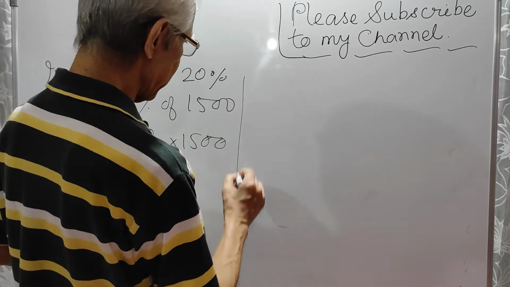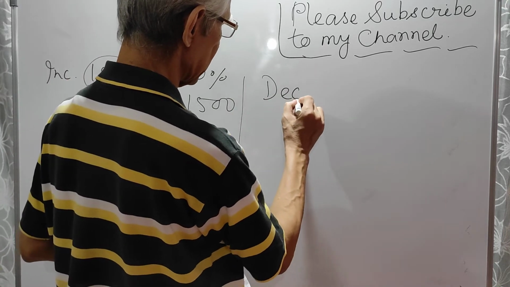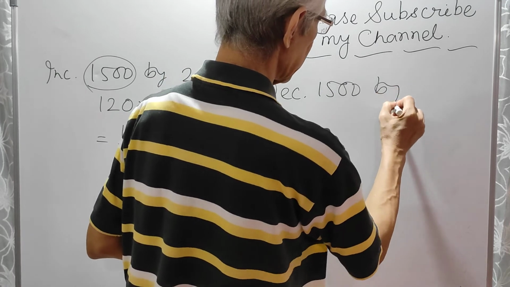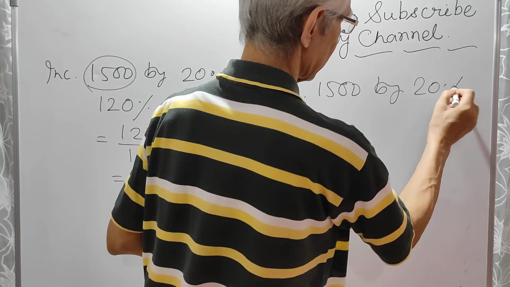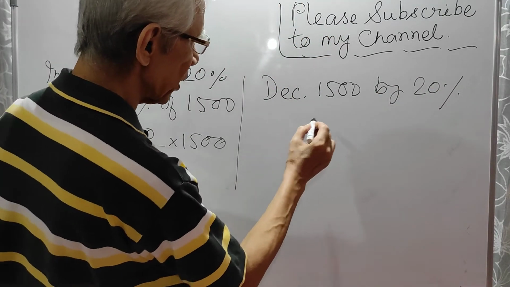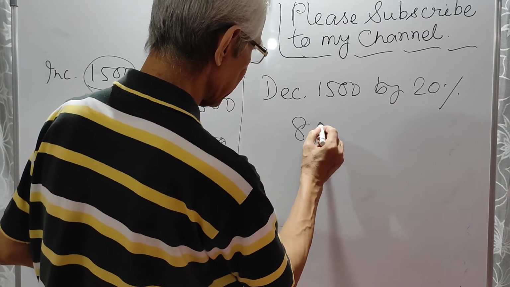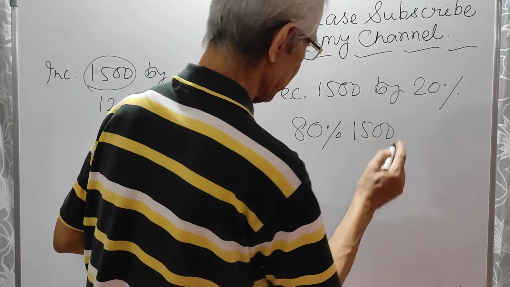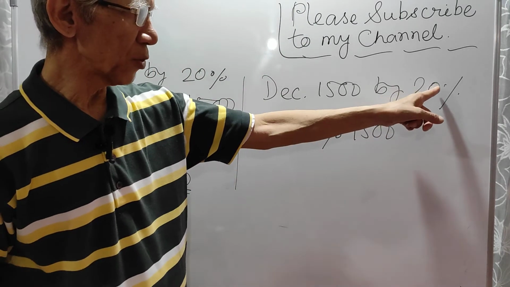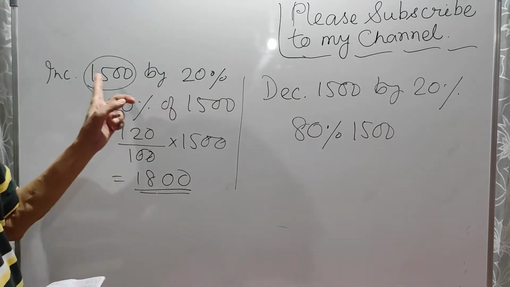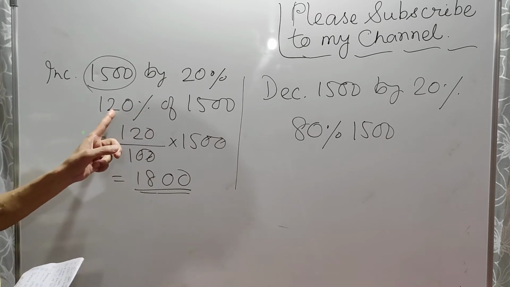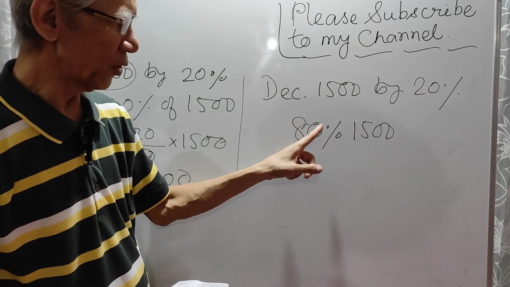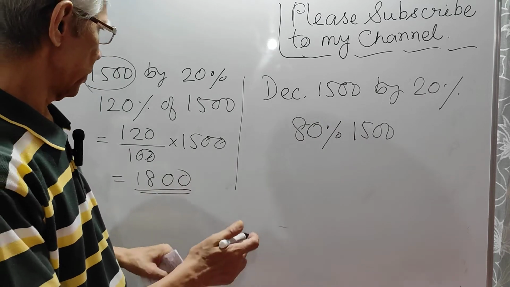Now the question is, suppose decrease 1500 by 20%. So this time we will find 80% of 1500. Why 80? 100 minus 20, 80. In case of increase, 100 plus 20, 120. In case of decrease, minus, 100 minus 20, 80.